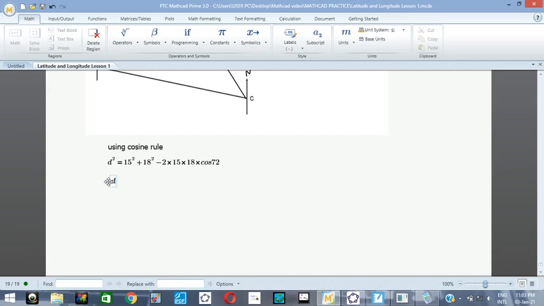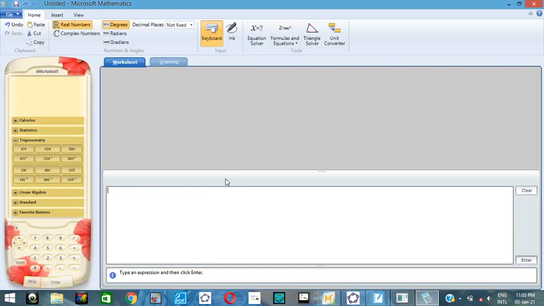Then D will now be equal to, well, let me do everything here directly so that we'll get our answer at once. Let me use my calculator to do this.